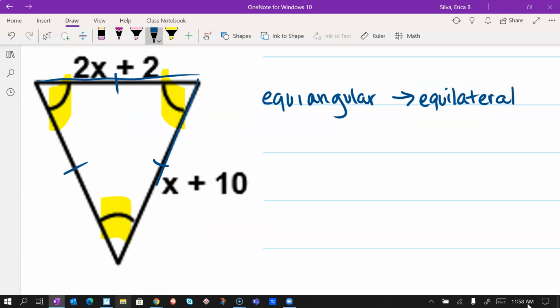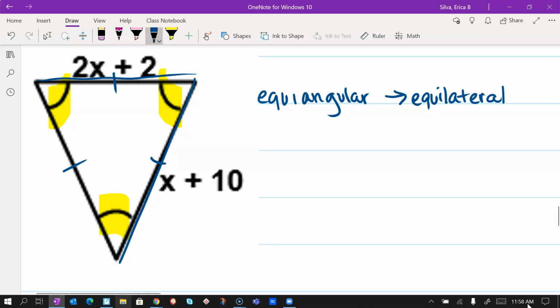So how can we make this equation to solve for x? We know that all sides are congruent, and if all sides are congruent, what symbol do we use to show that they're congruent? Equal.